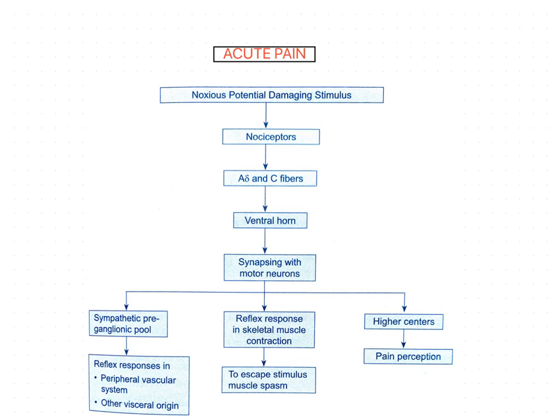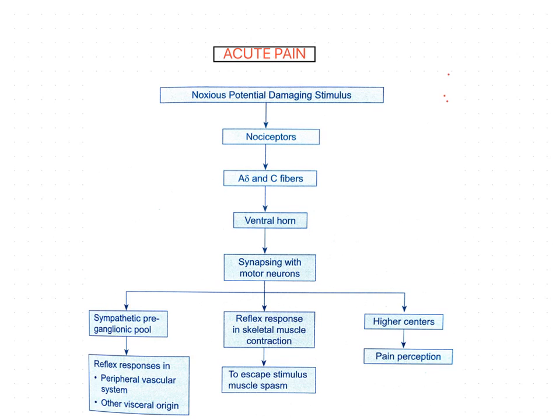That means we'll know the cause for that, and limited course. Function of acute pain: is it a good thing or bad thing? Acute pain actually causes an alertness to the individual to actual or potential tissue damage so that appropriate measures may be taken, that is the withdrawal from the stimulus to prevent further injury.